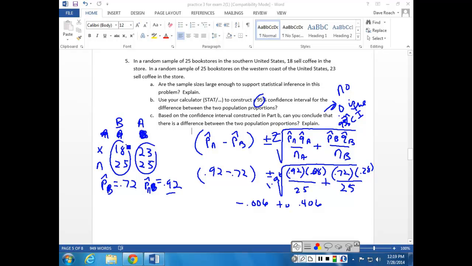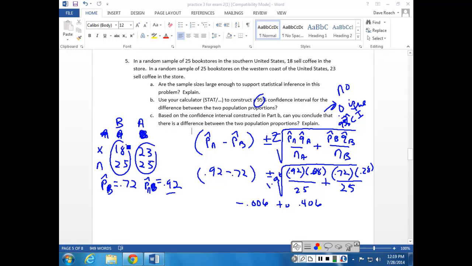Let's say now that this were a hypothesis test and we're going to do the critical value approach. The reason I want to do that is I want to make sure you understand that for both the 1 and the 2 proportion tests, the formulas for standard error differ. Okay?